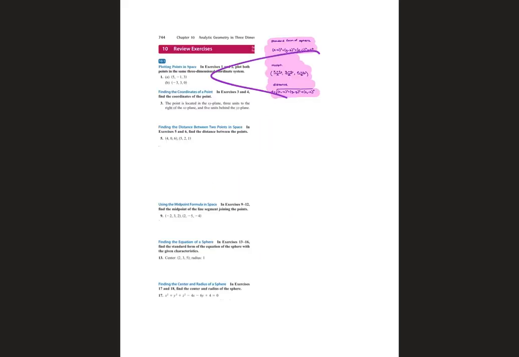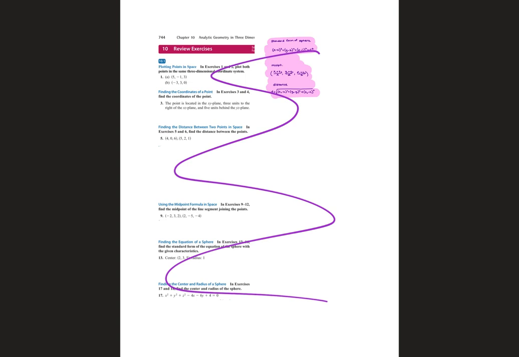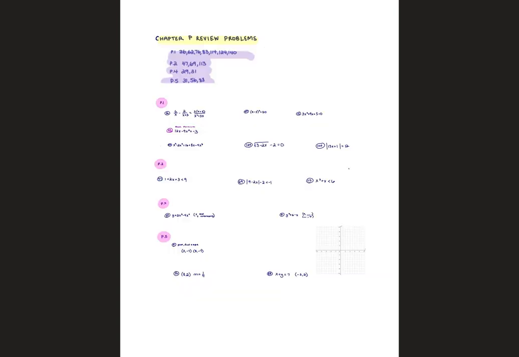So you can skip 10-1, the three-dimensional, and the spheres are not on there. And then for P, you could literally skip with the exception of the quadratic.